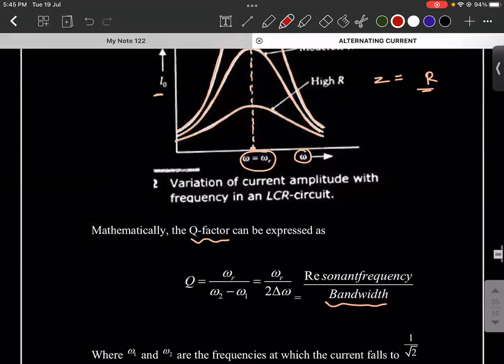So what does this quality factor represent? This Q is defined like this.